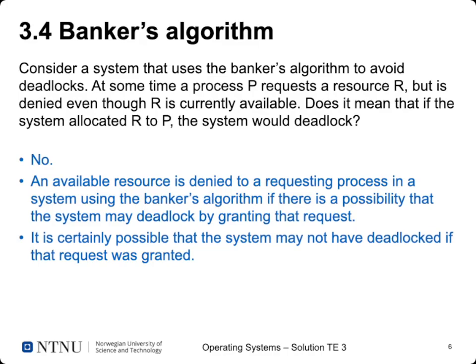So essentially it could happen that we have a deadlock, but we don't necessarily have a deadlock as a consequence. So this is the difference I wanted you to think about. So it's certainly possible that the system may not have deadlock if that request was granted, but it's not guaranteed. And since we want to have safe states in our system, we usually deny the granting of this resource R to a process in the banker's algorithm.